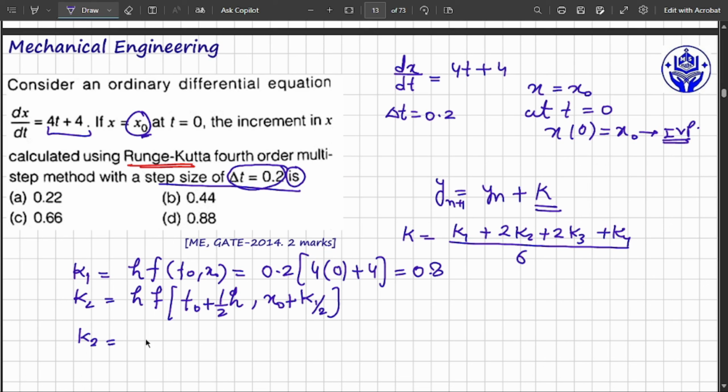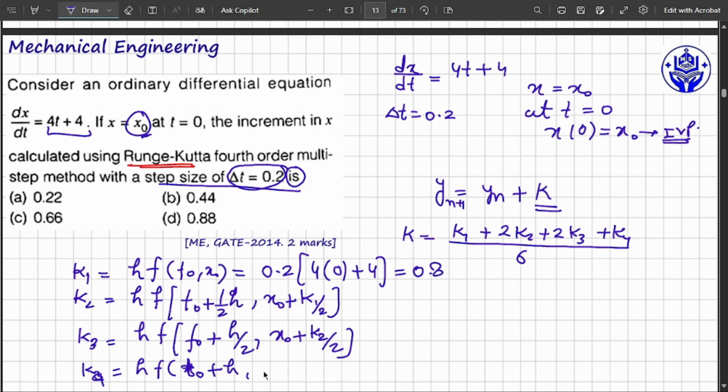Similarly, k3 is h into f of t0 plus h by 2 and x0 plus k2 by 2, and at the end k4 is h into f of t0 plus h and x0 plus k3.